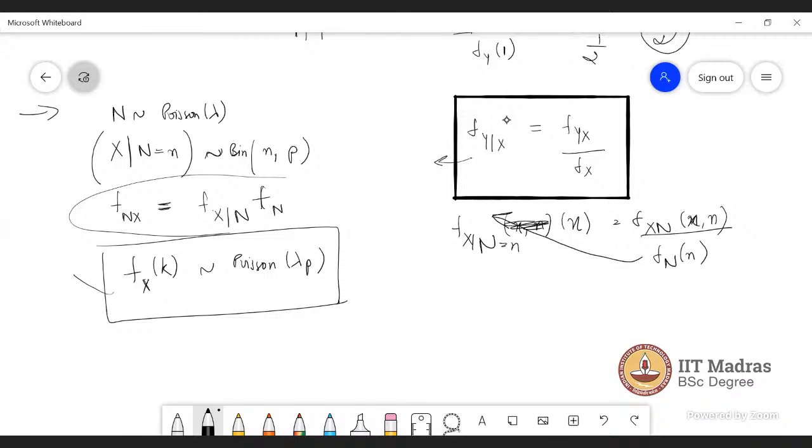Whatever you are conditioning on, here n, that marginal you will have to multiply. Look at this formula.